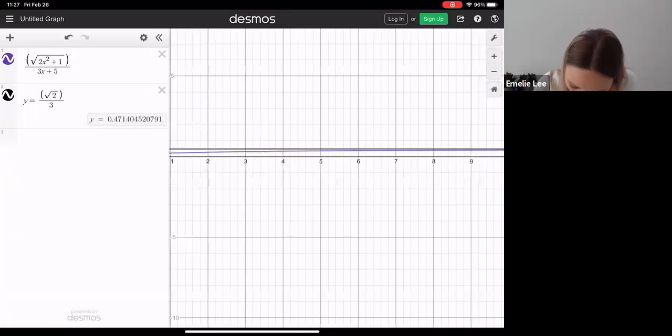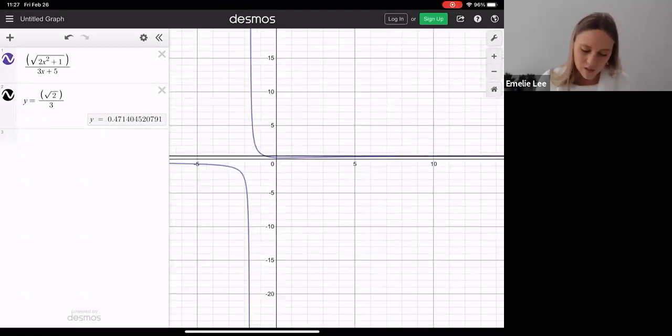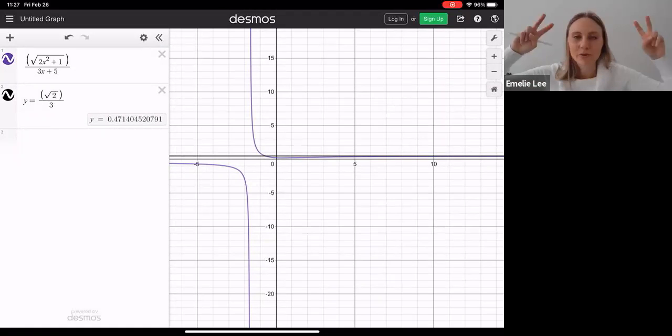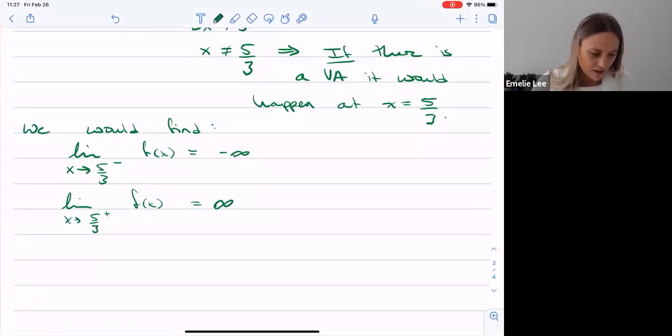And then if you squint, you can see that it's approaching that root 2 over 3 from the bottom. It doesn't matter where it's coming from, right? They're all horizontal asymptotes, but you can check that just to make sure that it looks reasonable. But like I said, it's kind of hard to see exactly what the asymptote is because you'd have to go to infinity, right?